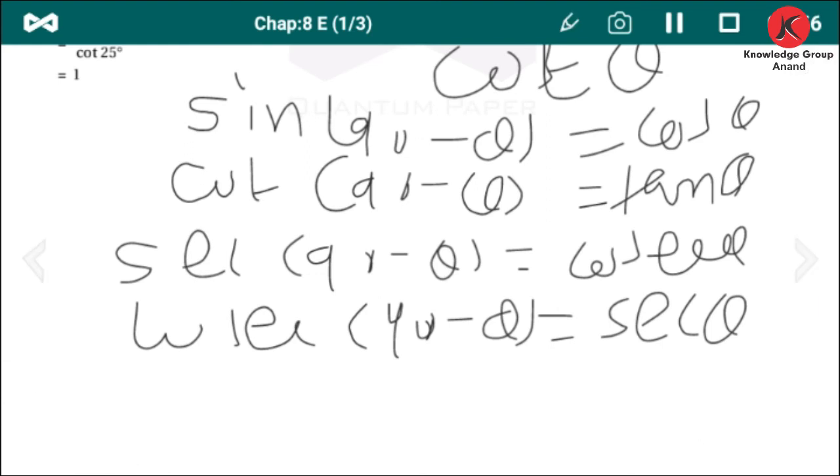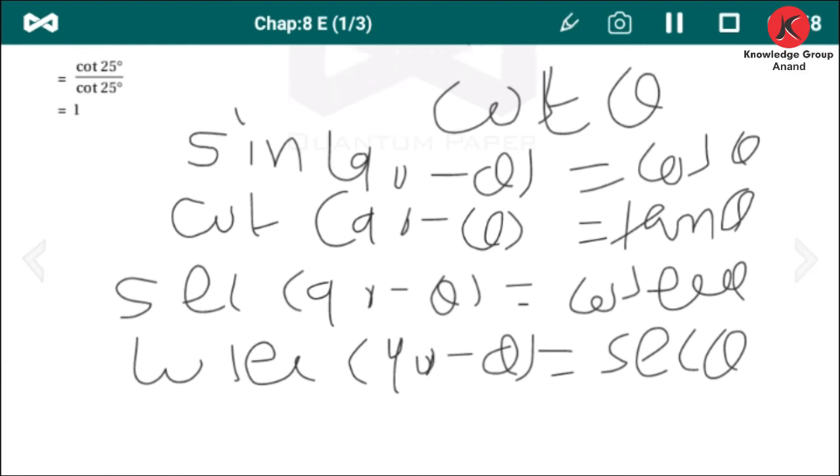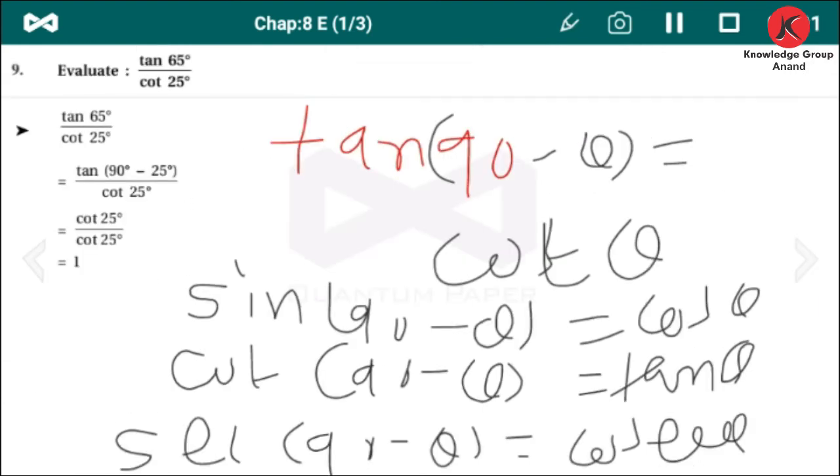These are the complementary values. So the answer to example number 9 is 1.